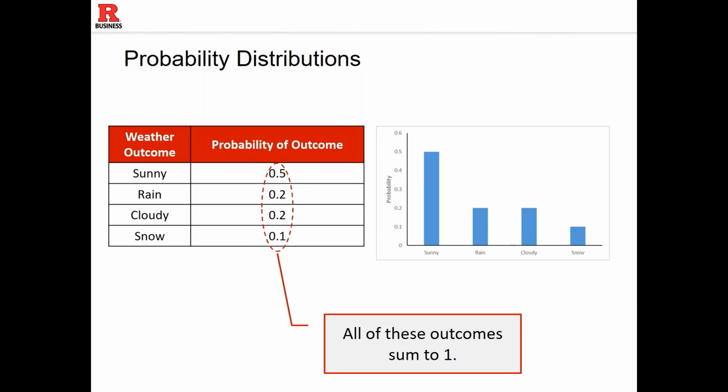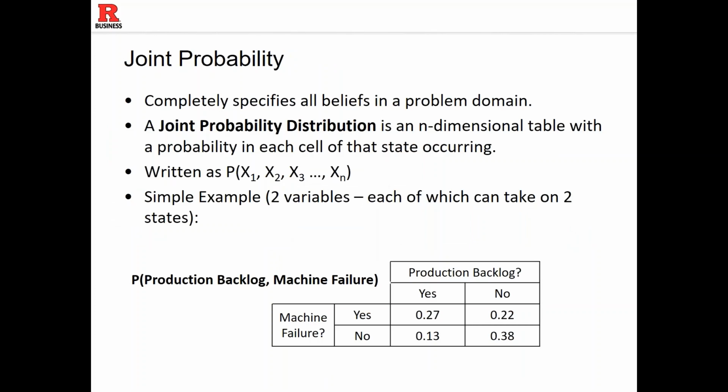There's also this concept of joint probabilities, where you have 2 variables acting in conjunction with one another. I'm going to show a simple example in this table, where you have a production backlog and a machine failure. The production backlog could exist in 2 states, yes or no, and the machine could fail, yes or no. If I wanted to know, and this could be based off of data, the probability that there is a production backlog given that there's a machine failure, it's this upper left quadrant.